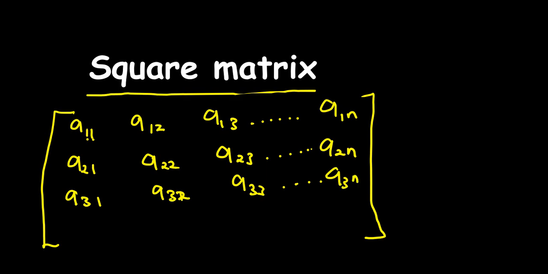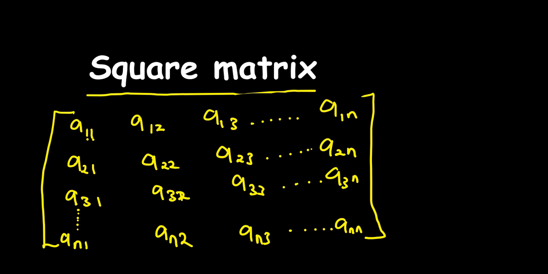And then here I can go dot dot dot until I reach the what? The nth row and then first column. Even here I will go to the nth, I'm still in the nth row, second column, nth row, third column, and then I go dash dash dash. This will be the nth row and then the what? The nth column, like that.